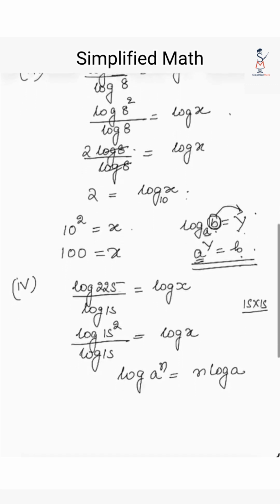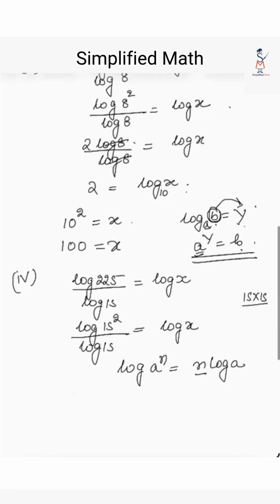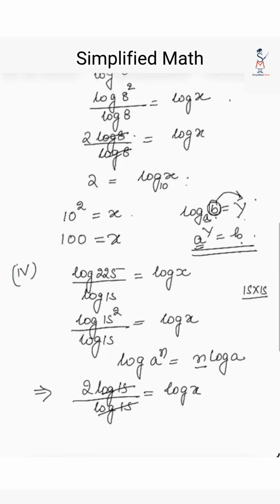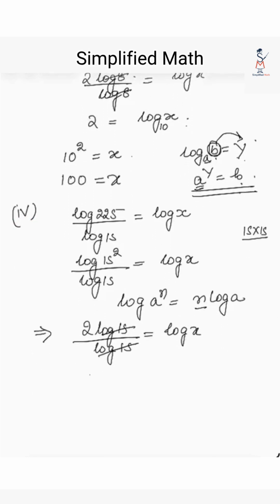Fine, the power comes in front of log. So log 15 squared can be written as 2 log 15 by log 15 is equal to log x. Log 15 cancel, right? Now 2 is equal to log x. There is no base, that means the base is 10.